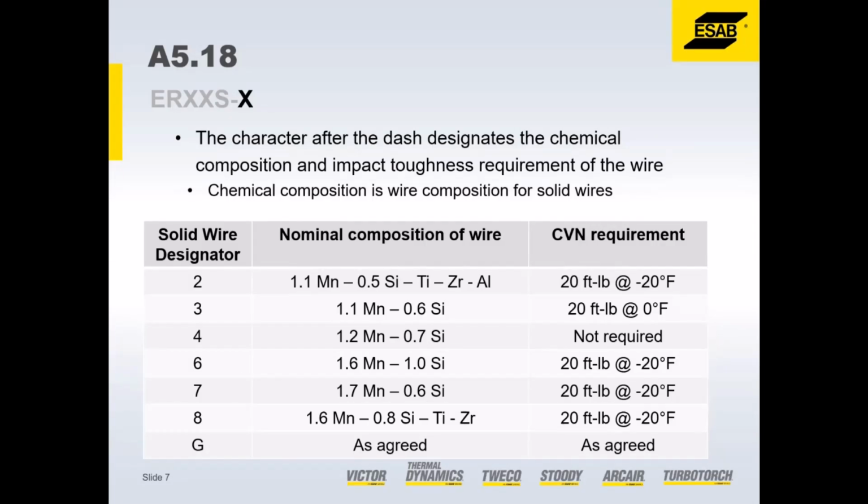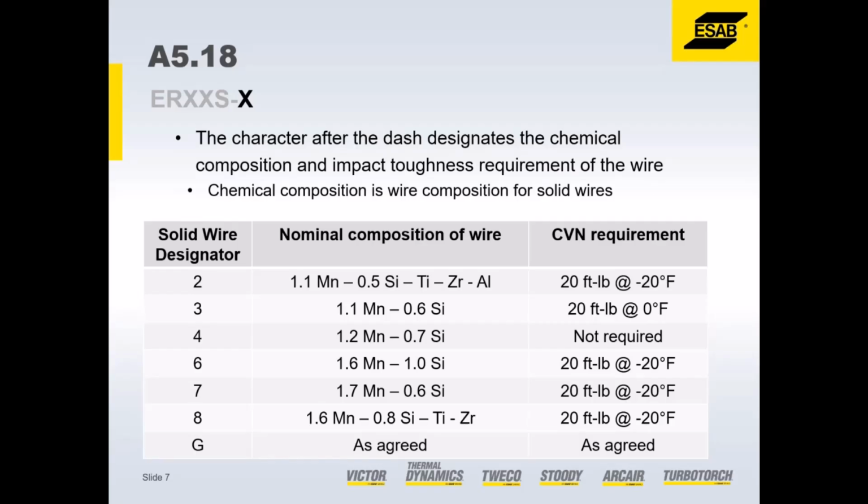So if you have an ER80S-G, you can't compare that to a different manufacturer's ER80S-G without knowing what those agreed upon properties are. Whether that's a change in chemistry or it's additional impact requirements.